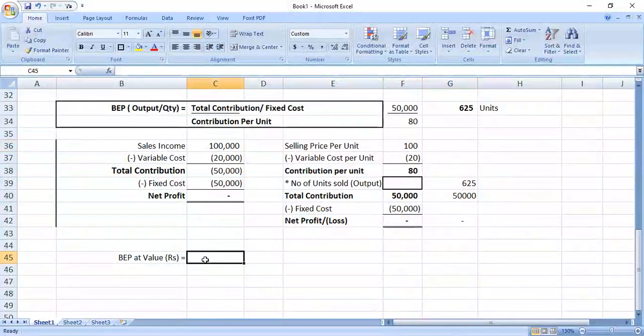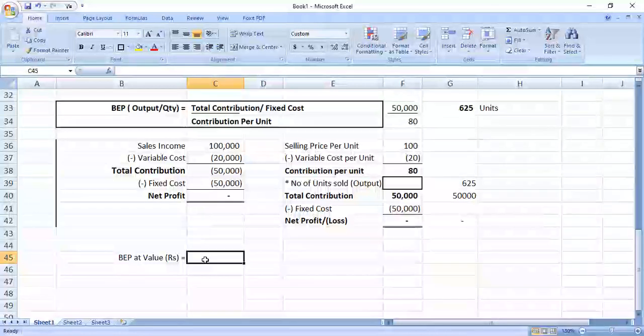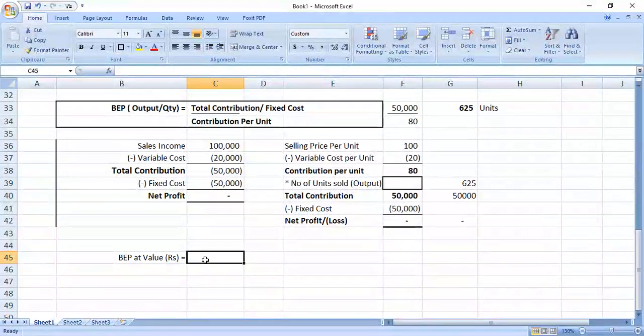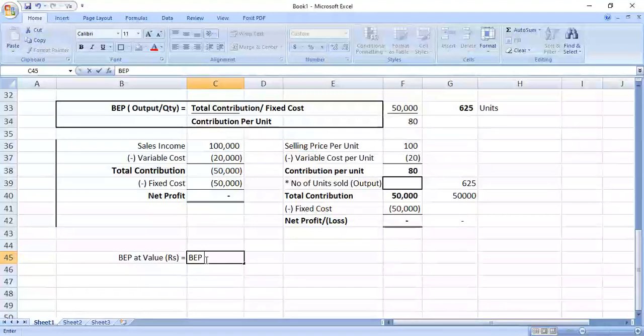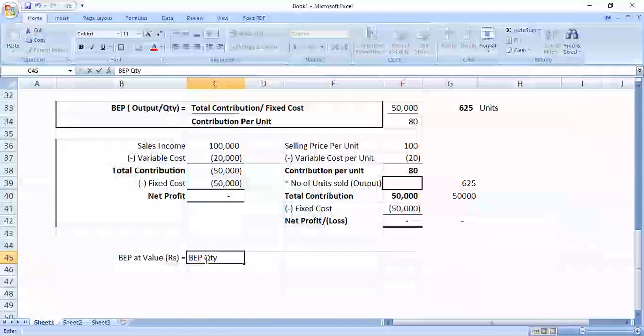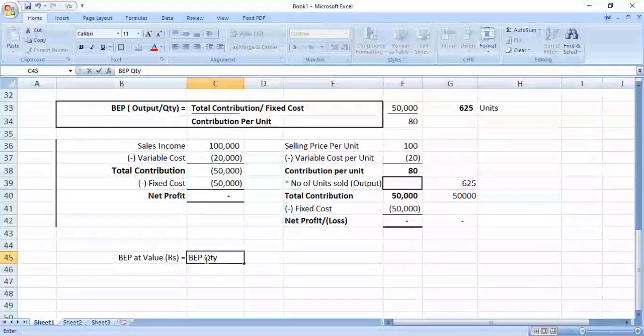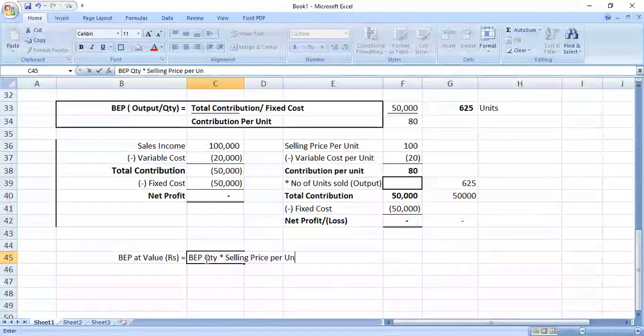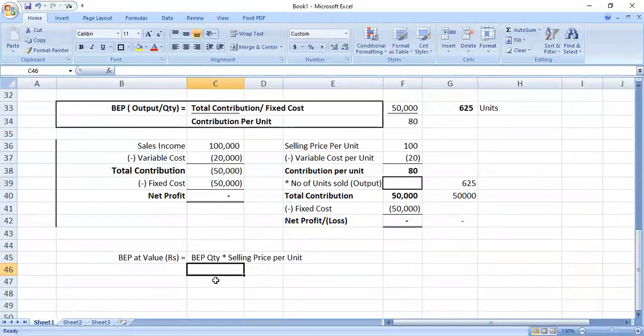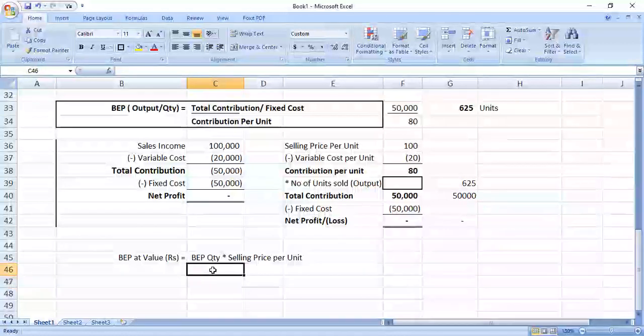So if you want to find the total sales income at the break even point, you simply say break even point quantity, the number of units we have to sell to break even, BEP quantity into selling price per unit.